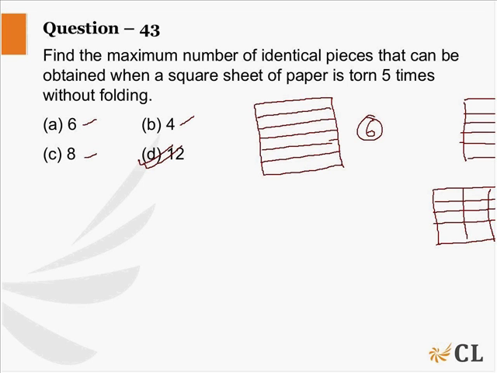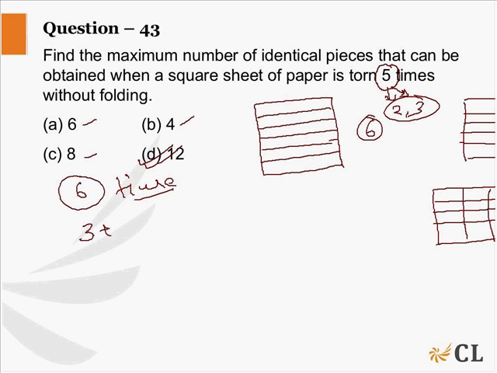Now, always remember in this type of question, if you need to find the maximum number of pieces, distribute 5 in 2 parts which are almost equal. So 2 and 3 gives you the maximum number of pieces always. If instead of 5, it is given as 6 times, the maximum number of pieces you will get only when you do 3 plus 3. 1, 2, 3, 1, 2, 3.